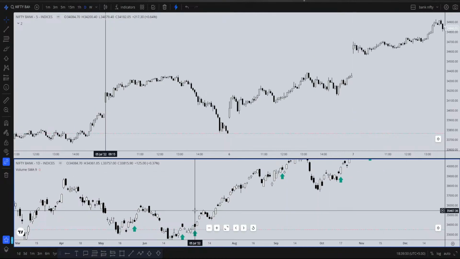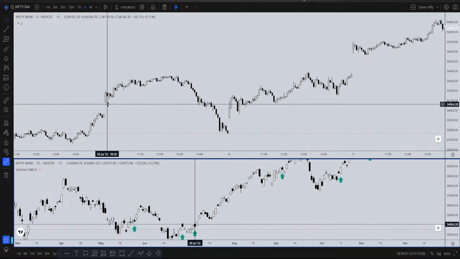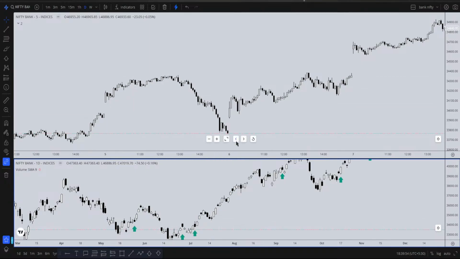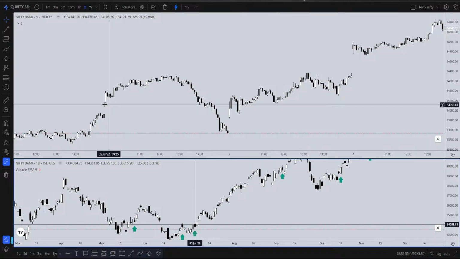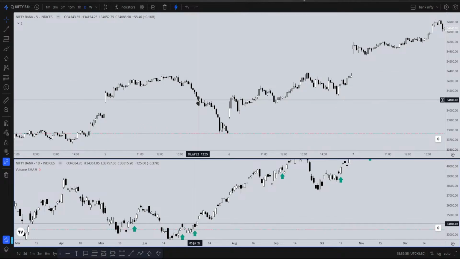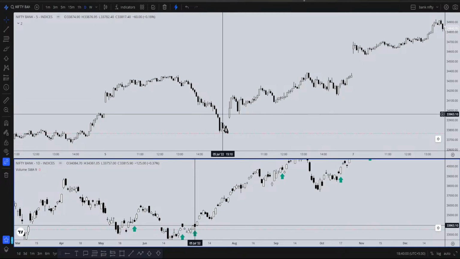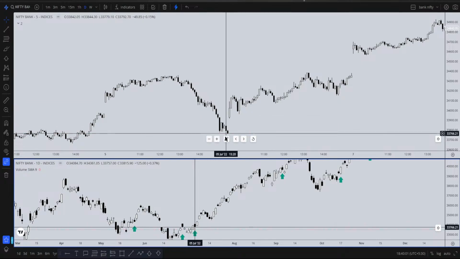I wasn't well prepared actually. It does happen. Went up, came down. This is absolutely fine. This is actually fine. Provides a very good opportunity to trade.